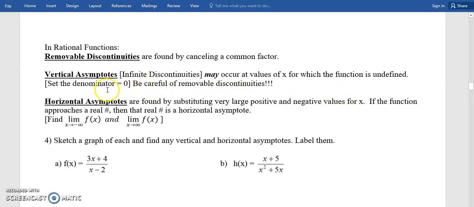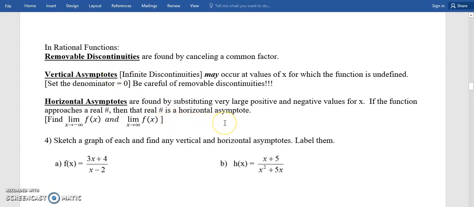So that is when the denominator equals 0. However, you must be careful of the removable discontinuities. So if a factor canceled out first, that shows you a removable discontinuity, and then the vertical asymptote will be where the denominator is 0 for all those leftover factors. So get rid of the common factor first by reducing if you can, and then the vertical asymptotes are what's left over when the denominator is 0.